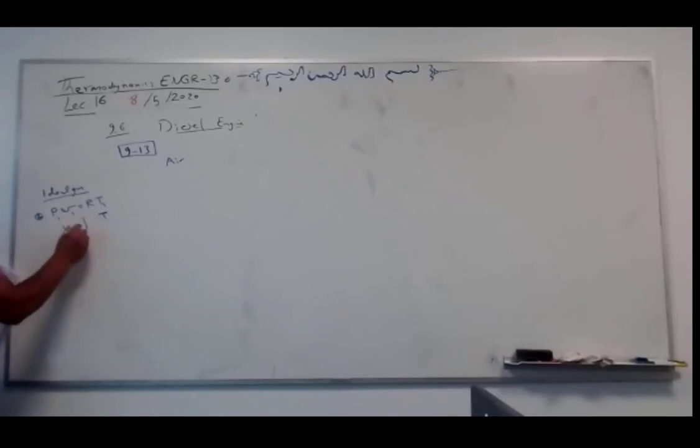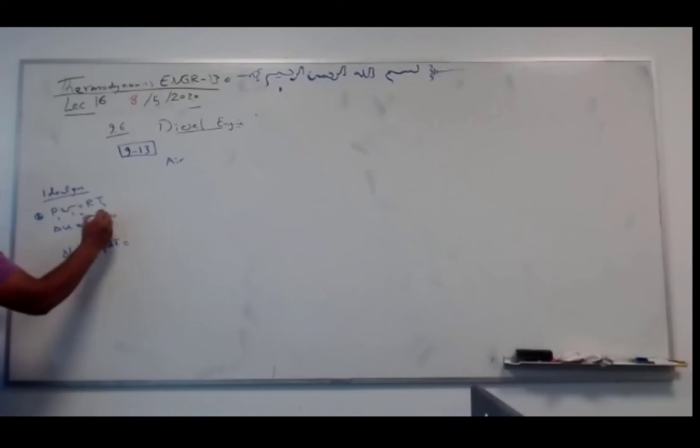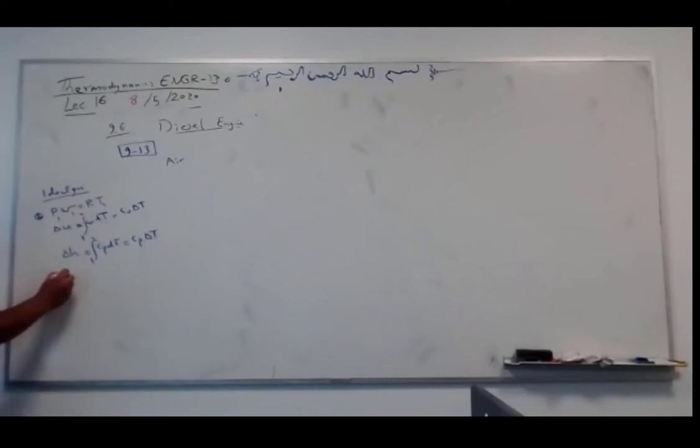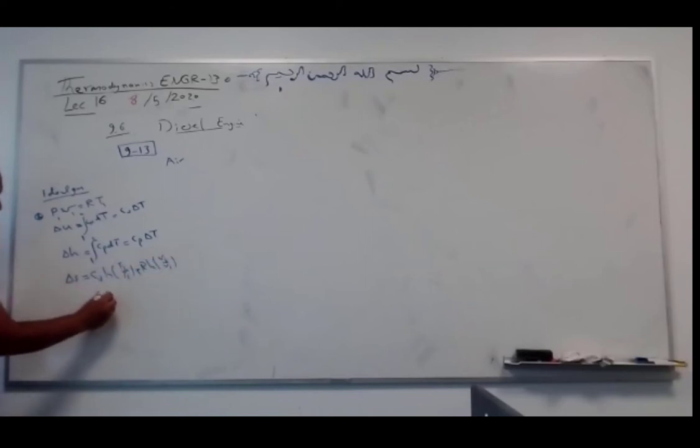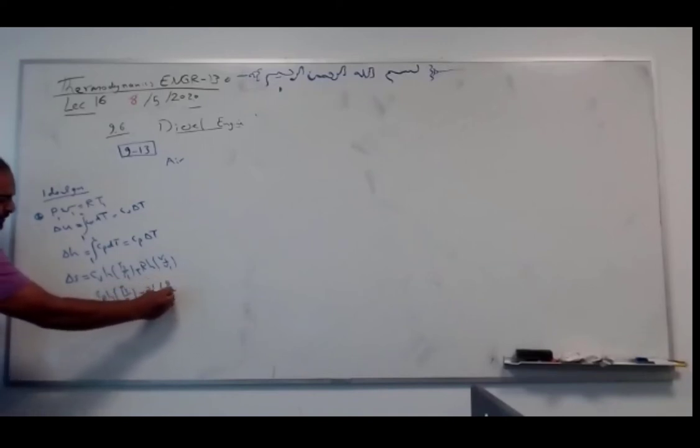If C_V is not constant, it's supposed to be the integration of C_V dT from 1 to 2, for example, if you want delta U, because we care about changing U. If you want delta H, it's the integration of C_P dT, and if C_P is constant, just C_P delta T. If you want delta S for ideal gases, it's C_V ln T2 over T1 plus R ln V2 over V1, or C_P ln T2 over T1 minus R ln P2 over P1. I don't remember exactly, something like that.